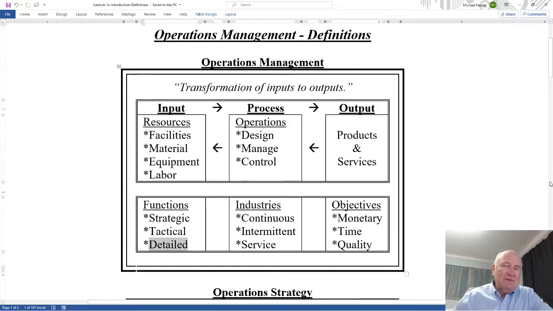Okay, but there are different industries. I've divided it up into three: continuous industries, intermittent, and service industries. There's a lot more than this, but this is just a good introduction and overview. A continuous industry has to do with having the same operations over and over and over again. Two basic types. One is called a repetitive industry, where the units of work are discrete units of work.